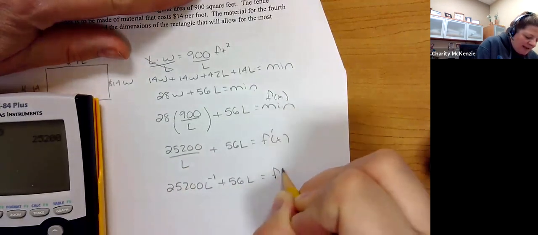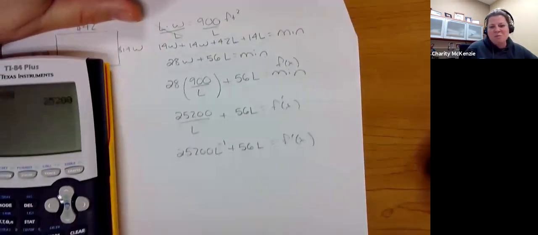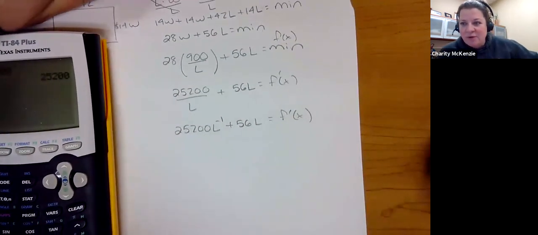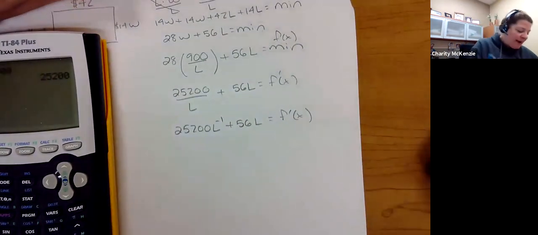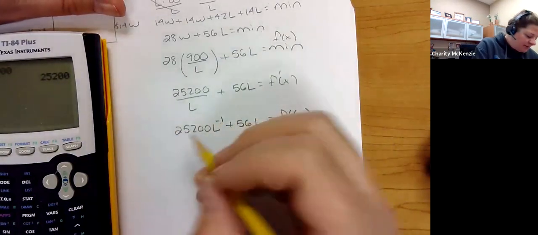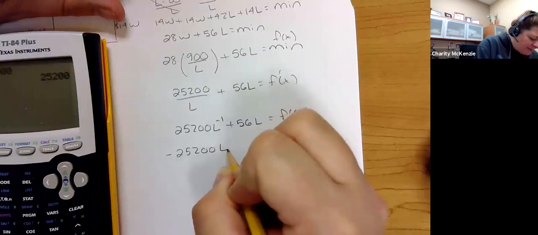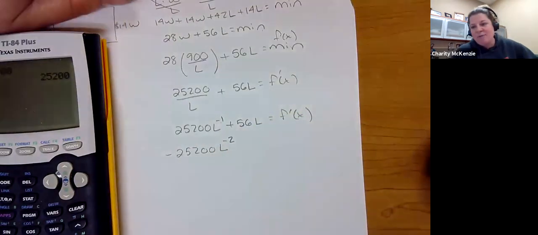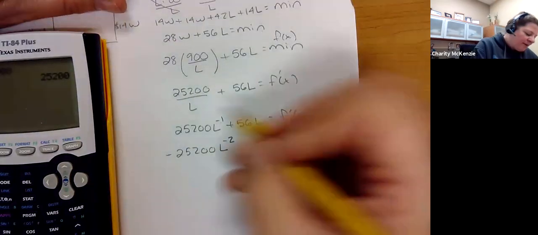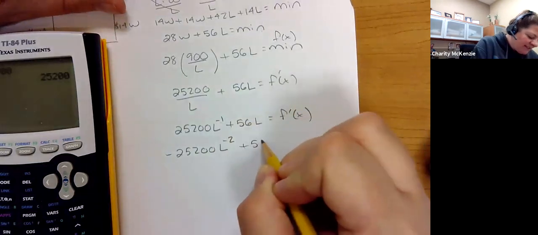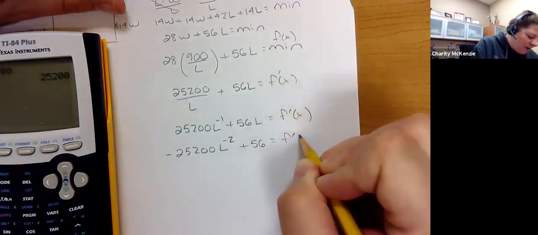When there's just one, a negative exponent is way easier to work with to me than doing the full quotient rule. So I would just bring the negative one out front: negative 25200 L to the now negative 2, because negative 1 minus 1 more. The derivative of 56L is just 56, equals the derivative overall.